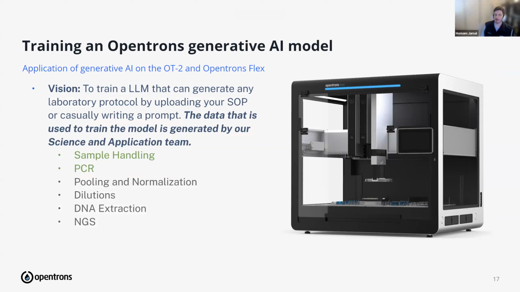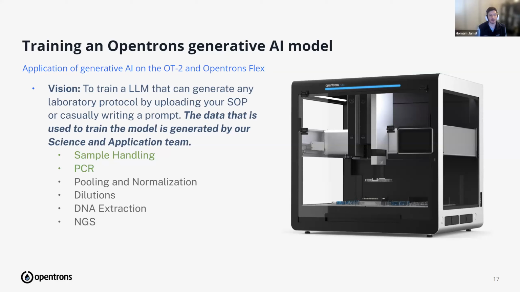And here's the big kicker, though. The data that we want to use to train the model is generated by our science and applications team, so all the little nuances. Our protocol library is available as an open source platform on our website, and anybody can train a model for it to correctly act the way you want it to act.